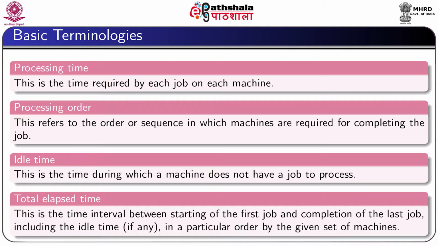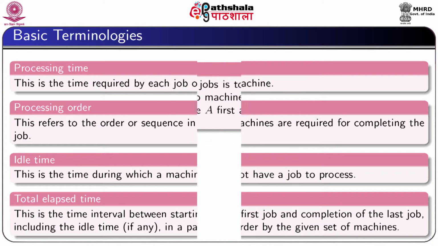Total elapsed time: this is the time interval between starting of the first job and completion of the last job, including the idle time if any, in a particular order by the given set of machines.